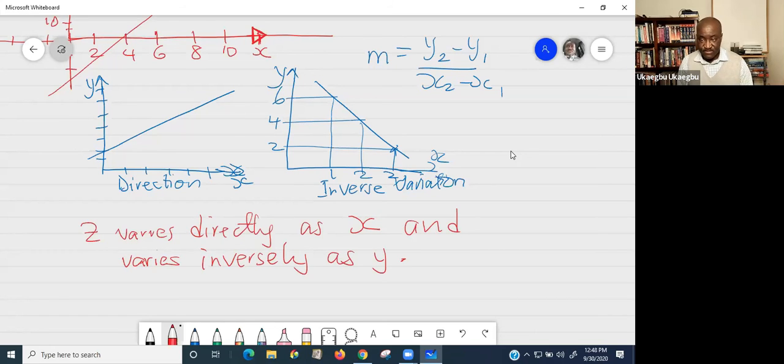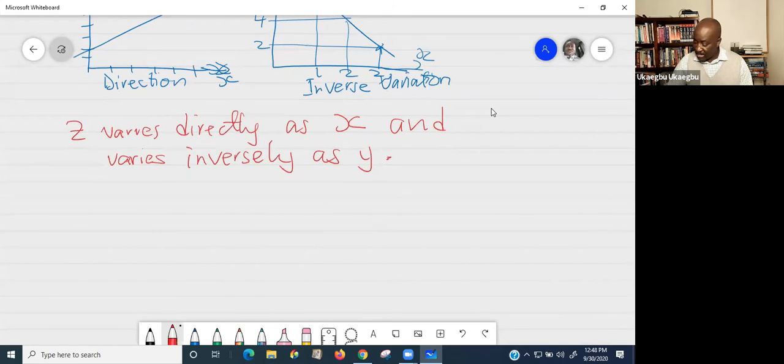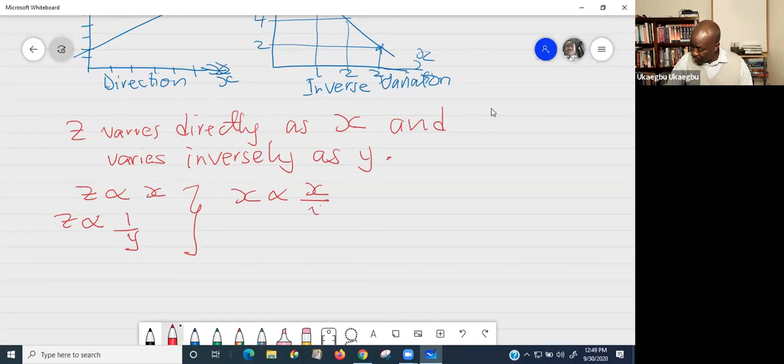That kind of statement is a combined variation. What that means is z varies directly as x and z varies inversely as y. So when you combine the two, z varies as x over y.